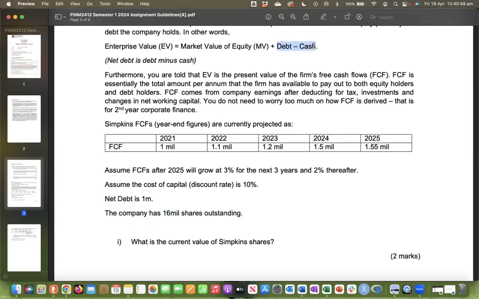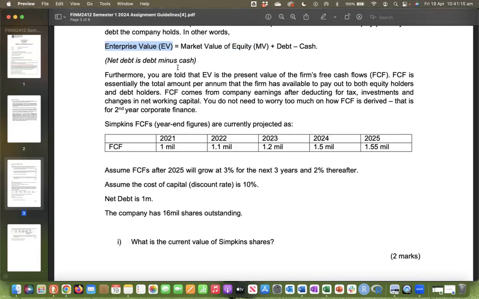So this is going to be equal to 1 million. And finally, we need to calculate our enterprise value. So this, once again, the market value is what we need. We know our answer over here on the right. And so we need to calculate enterprise value to be able to find our market value.